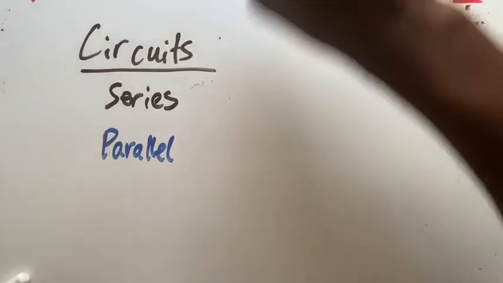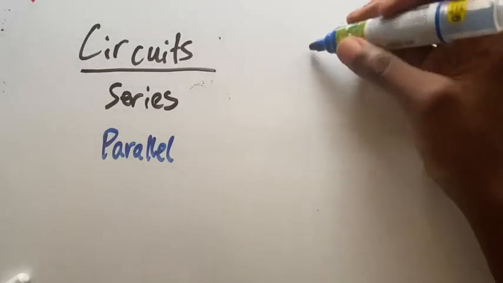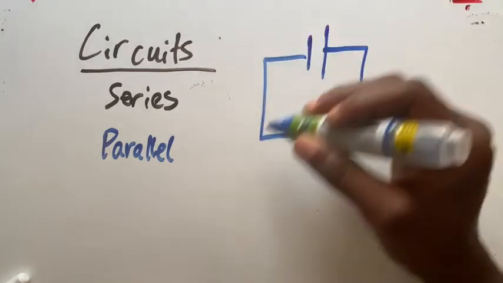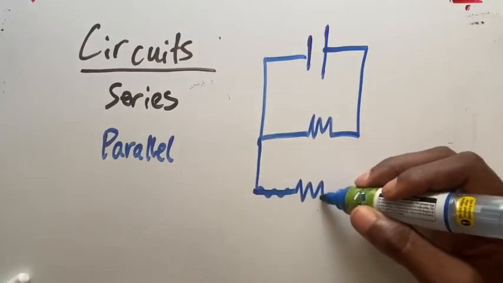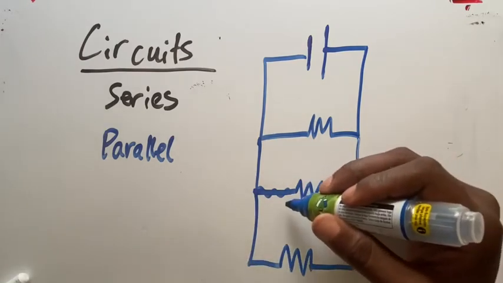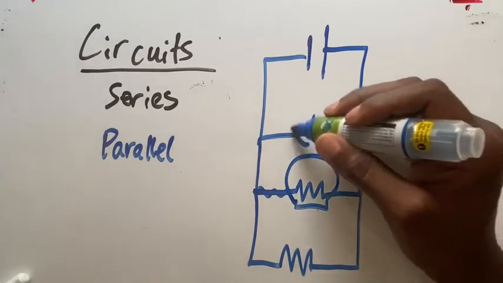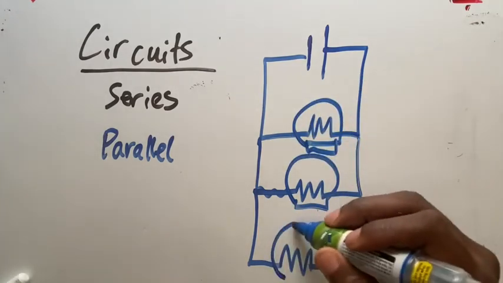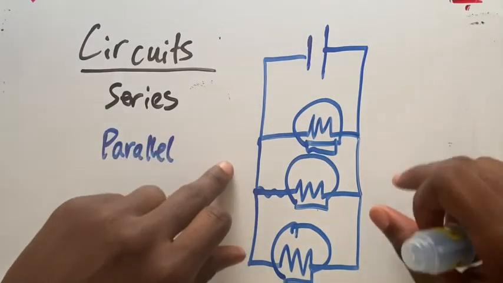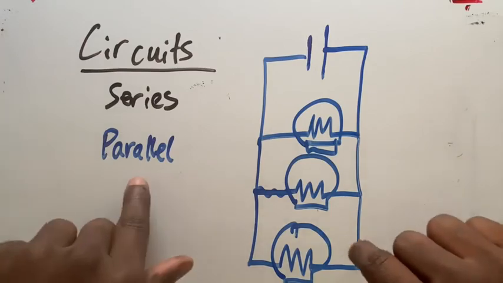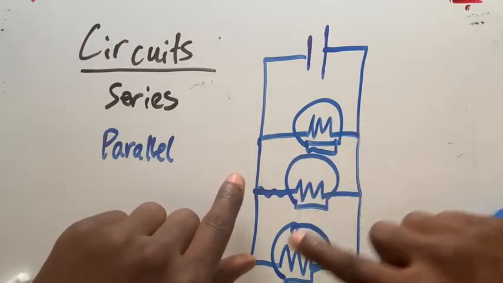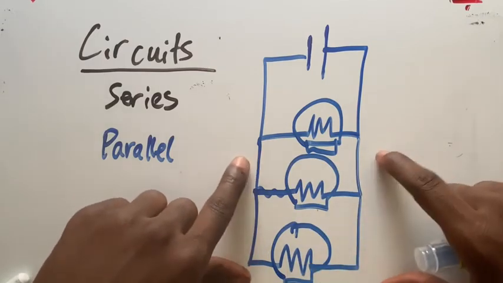I'm going to put it in blue for parallel. This circuit is in parallel because the light bulbs here are each parallel to each other.